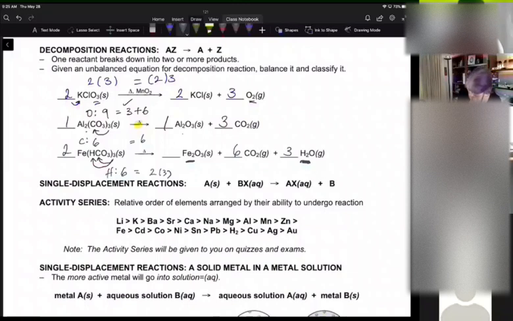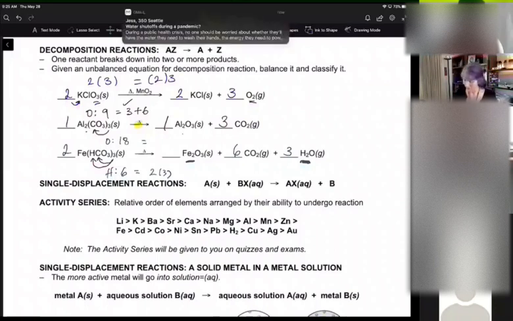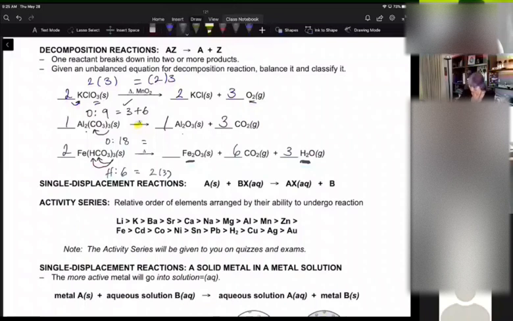And then finally, let's take a look at the oxygen. I'm going to erase the carbon. 3 times 3 is 9, times 2 is 18. We have 18 oxygen. Here we have 3 and 2 times 6 is 12, and then plus 3. So that's done. We're done. That's a 1 in front.